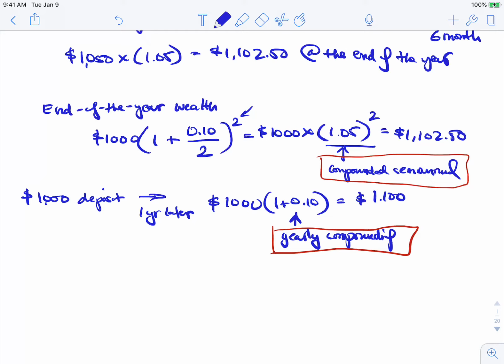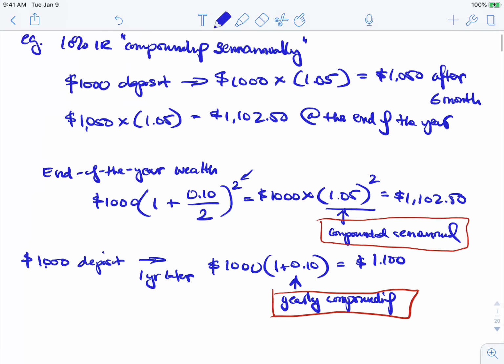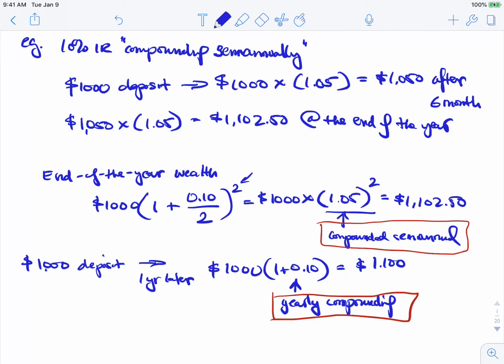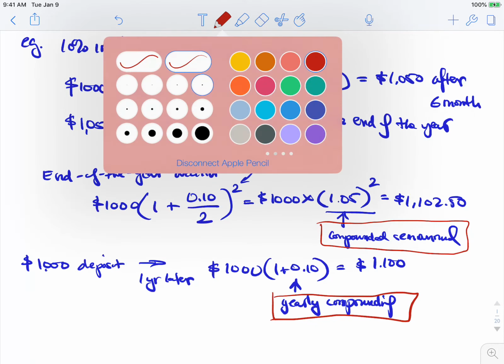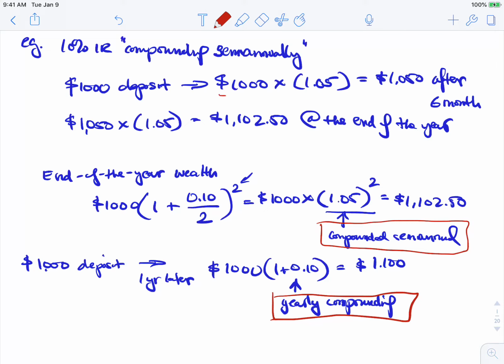With semi-annual compounding, the original 1,000 is the investment base only for the first 6 months, at 5%, half of the interest.